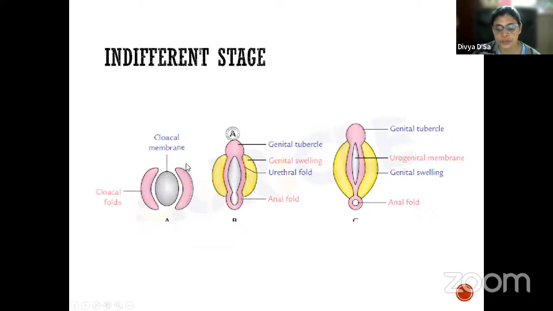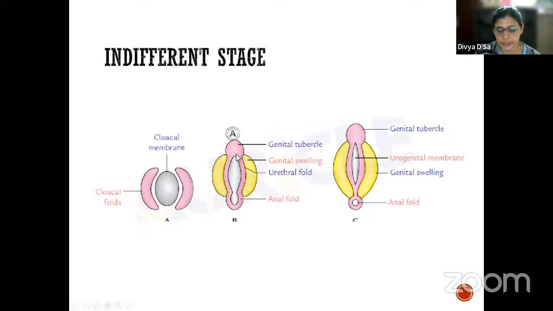Okay, so around the fourth week, the embryonic mesoderm grows around this cloacal membrane and forms two folds, which we call the cloacal folds. So cranial to the cloacal membrane, these folds will unite to form the genital tubercle.